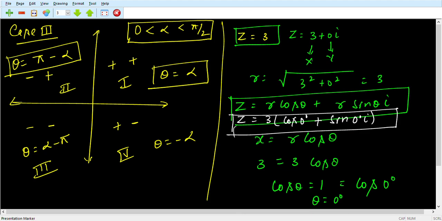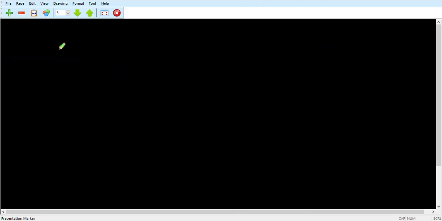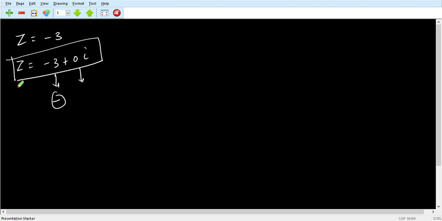This will be the polar form of the complex number. You can solve many problems related to this concept, like how to represent z is equal to minus 3 in polar form. This is very easy. You can write z is equal to minus 3 plus 0 iota. The real part is negative and the imaginary part is 0, so this complex number will lie on the negative x-axis.